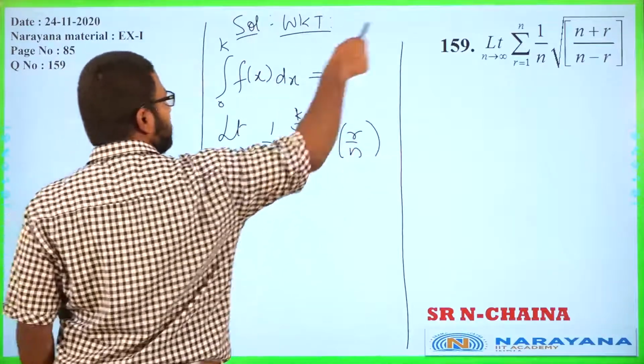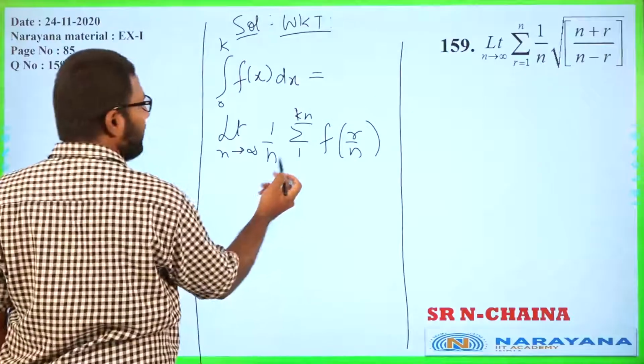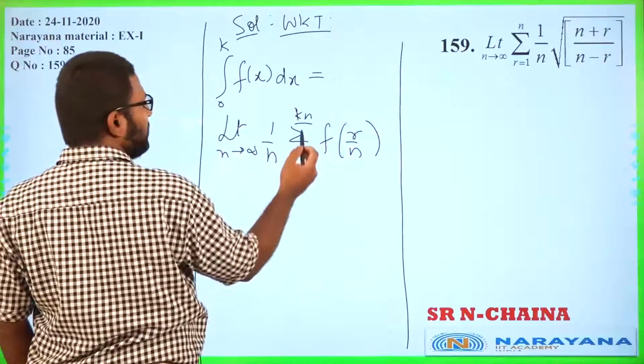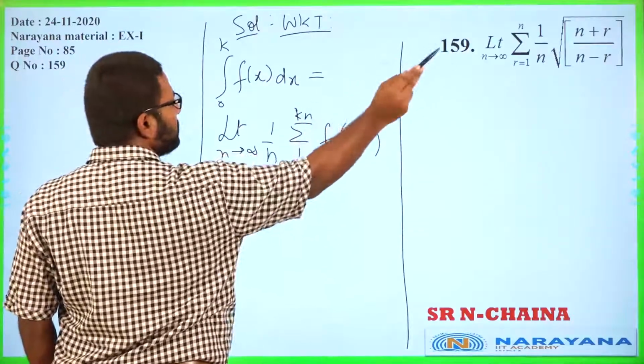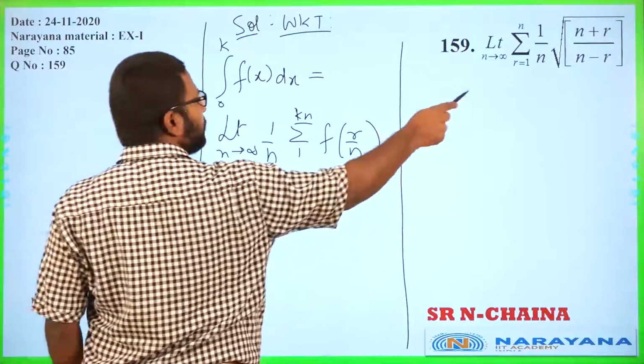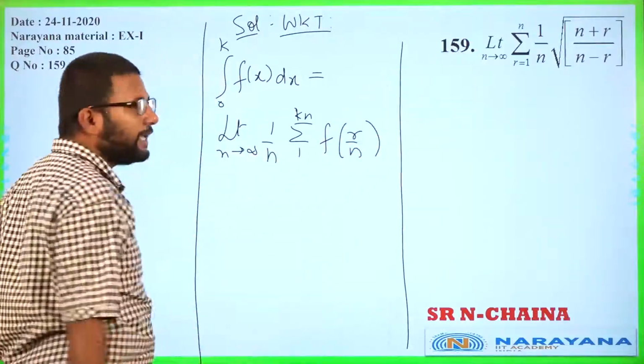So we need to convert this into r by n form. You see 1 by n is there, summation 1 to kn where k is equal to 1, that is also there, n tends to infinity is also there. So only whatever is inside the square root, we need to take care of that.